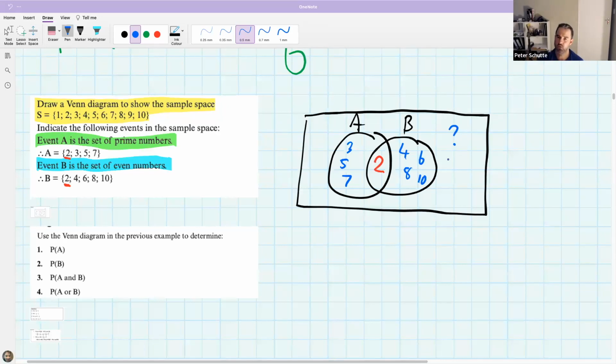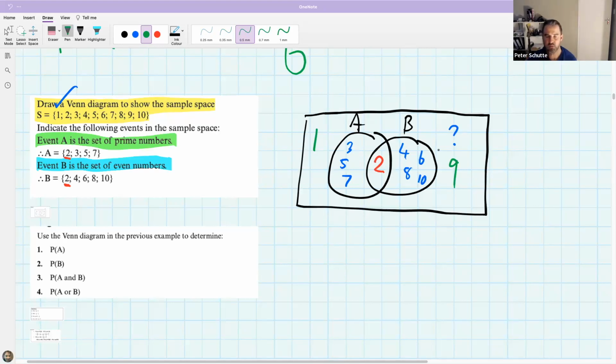Are there any items that are not in A or B? Well, I definitely noticed 1. So the 1 is sitting out here. And Uwetu and Lerato are on it like a flash. There's also a 9. Okay, so we have 10 numbers in a hat or in a space.